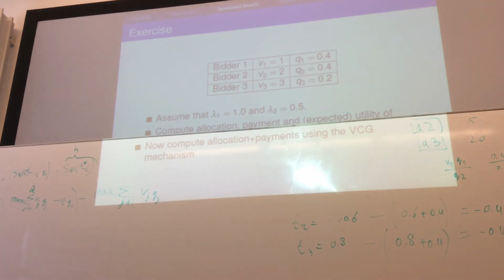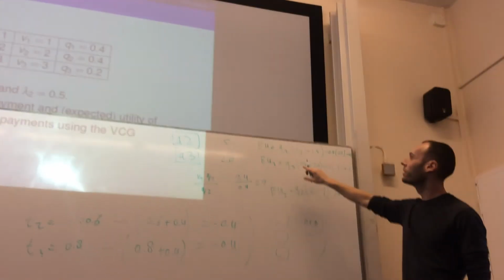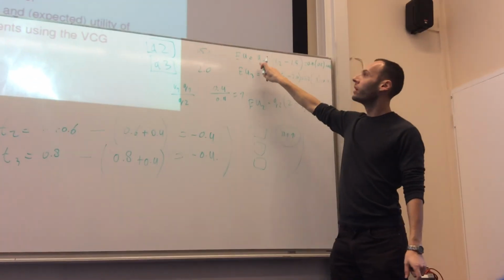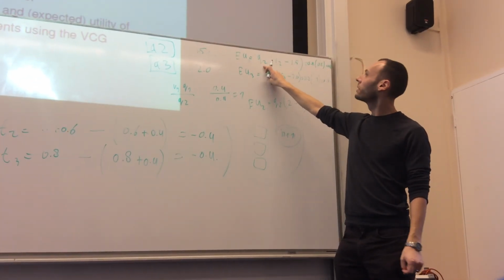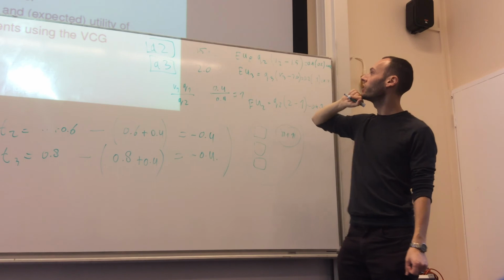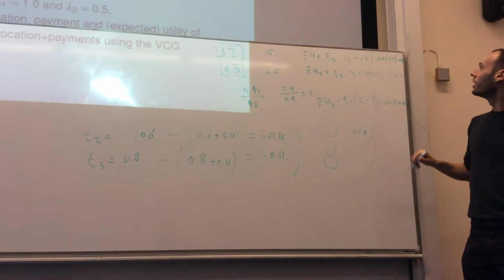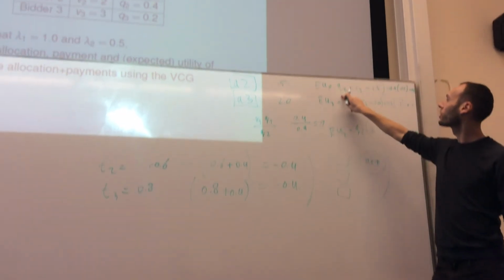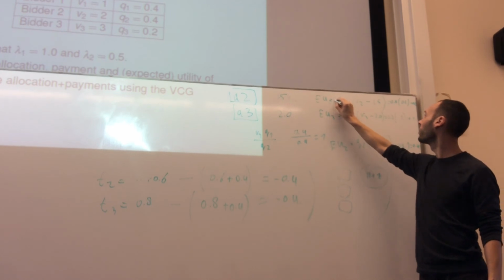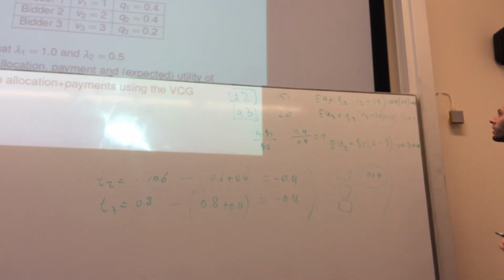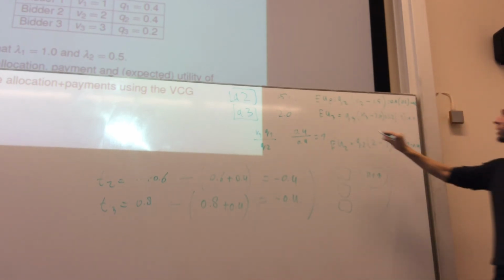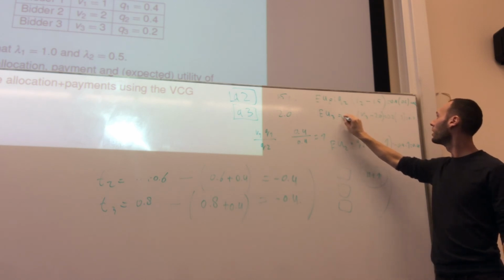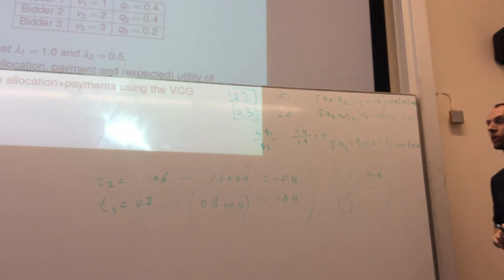So here we had the expected utilities. But now the probability of actually being clicked also includes this position-dependent factor. Advertiser 2 gets slot 1, so the position-dependent factor was 1. But now for slot 2, lambda is 0.5.